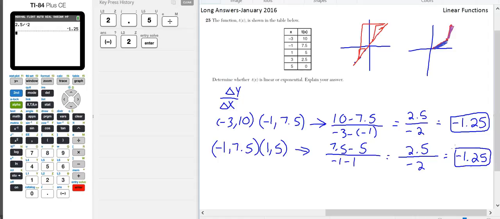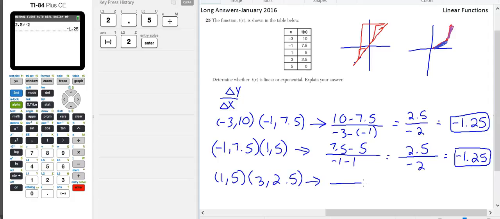We have to check each of them, because let's say between 3, 2.5 and 5, 0, there's a different slope, then it's automatically not linear, even though we already have a constant rate of change between two of the points. Our next 2 coordinates are 1, 5 and 3, 2.5.